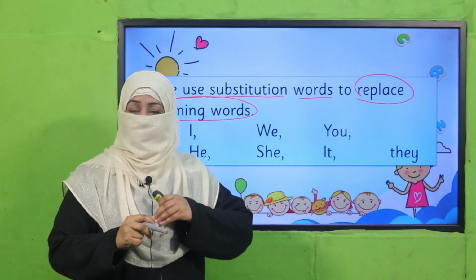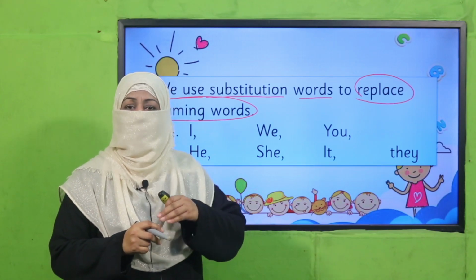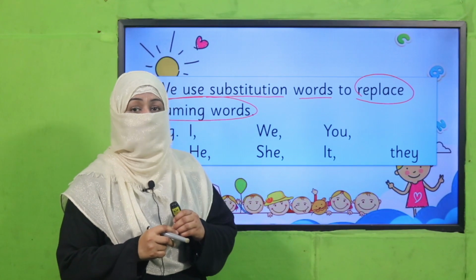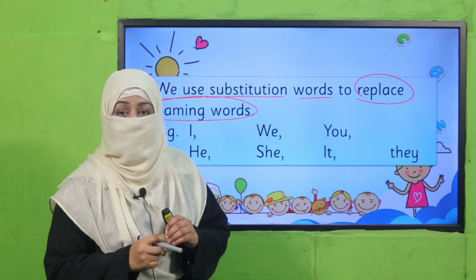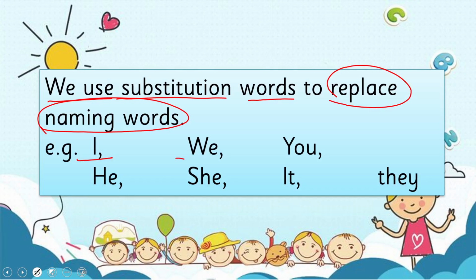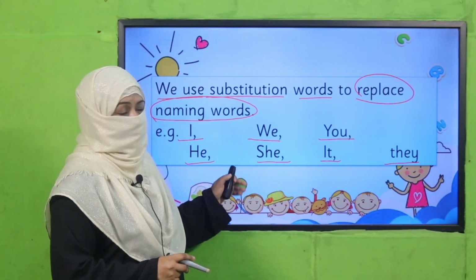And when we write something, to avoid the repetition, instead of writing the naming word again and again, we replace it with another word that is called a substitution word. And what are substitution words? I, we, you, he, she, it, and they. Right? So we use these words to replace naming words.